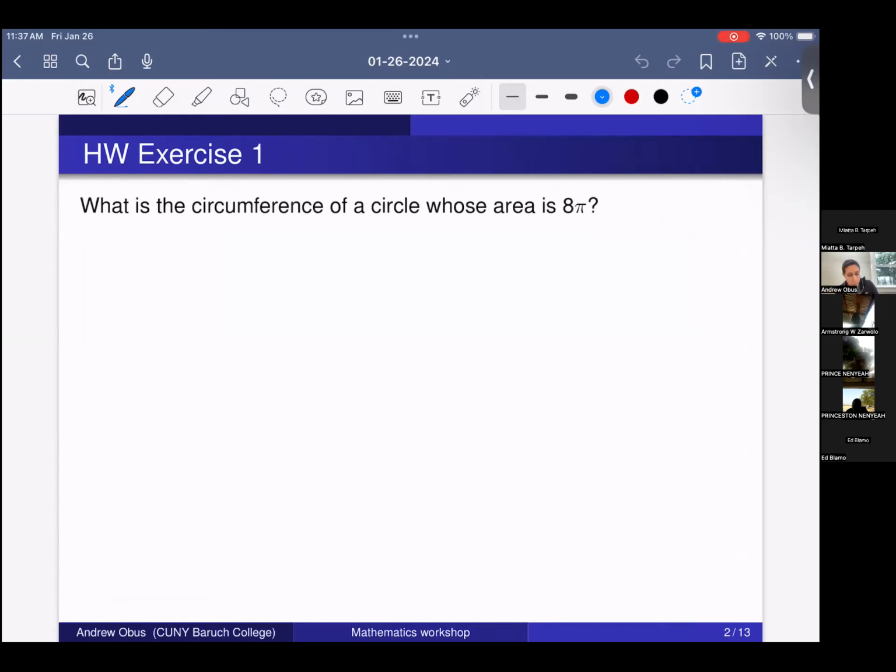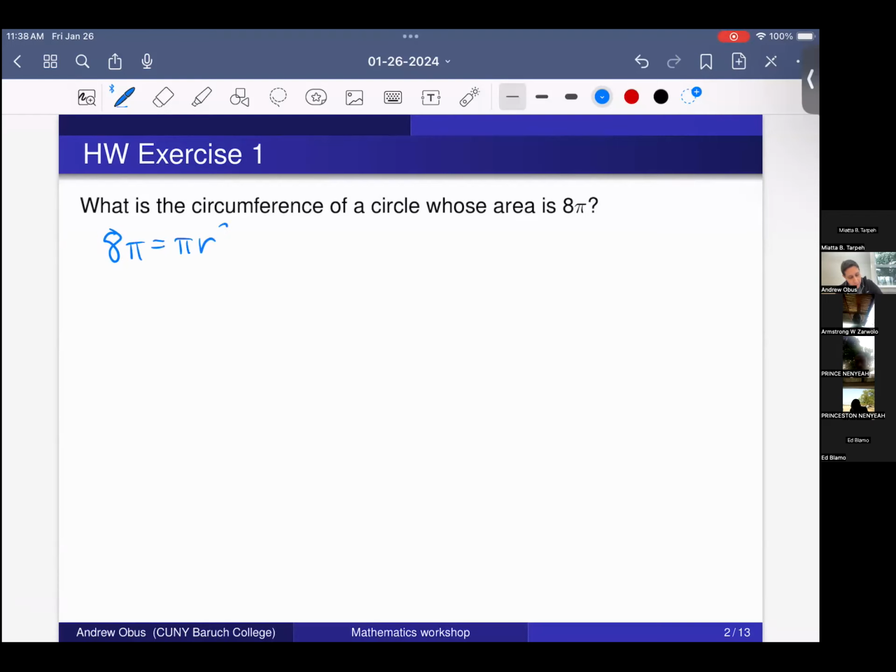Several people got this right. Does somebody want to go through how to solve this? Armstrong? Okay, the solution: 8 pi is equal to pi r squared.